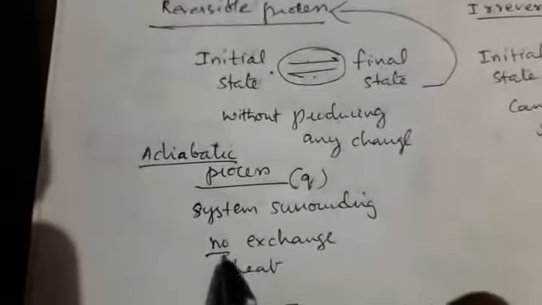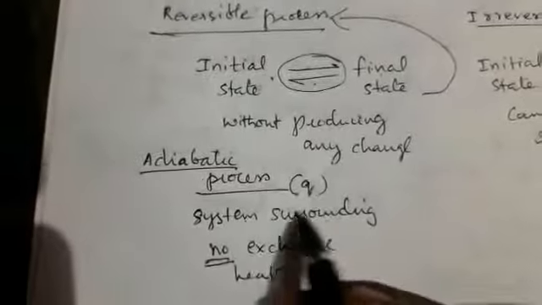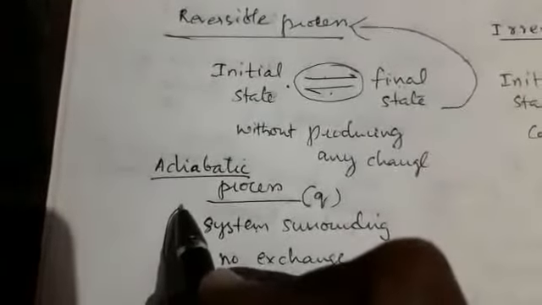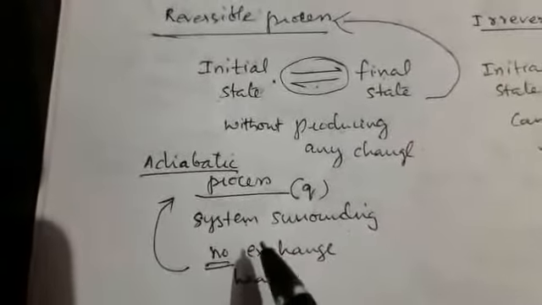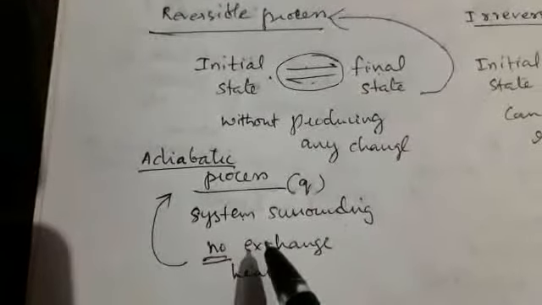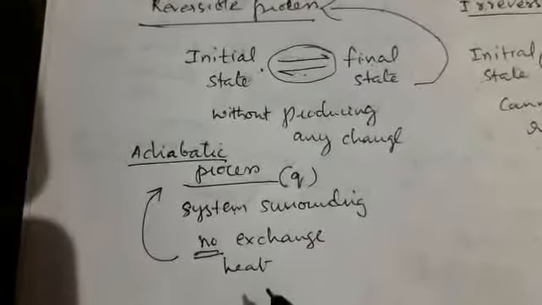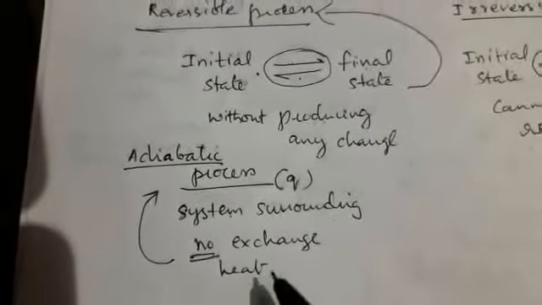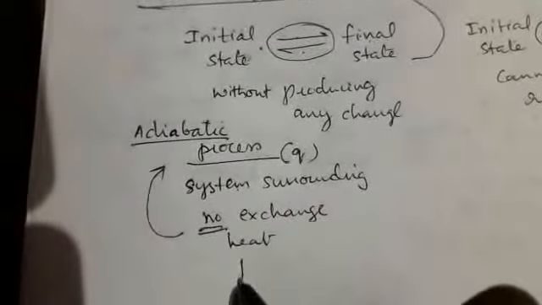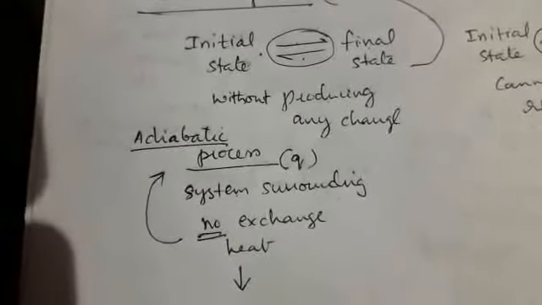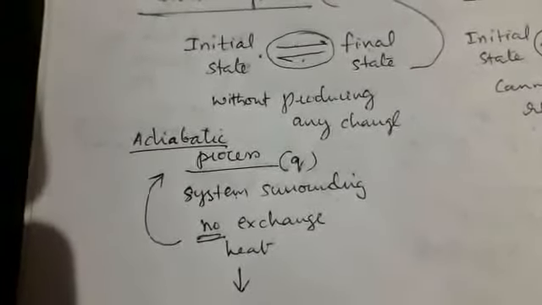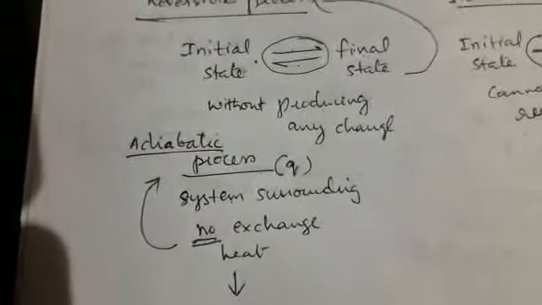Here, no exchange of heat energy between system and surroundings is called an adiabatic process. The system is thermally insulated. When work is done by the system, the temperature will decrease.